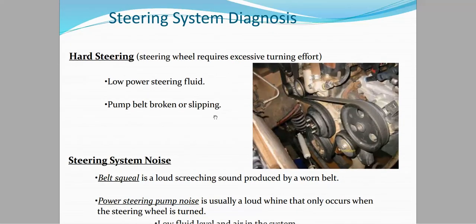Then we have hard steering. If you feel that your steering wheel is moving hard, the root cause may be low power steering fluid, meaning your fluid has run out.